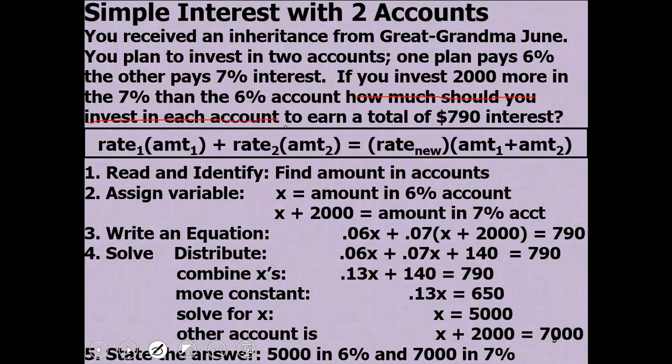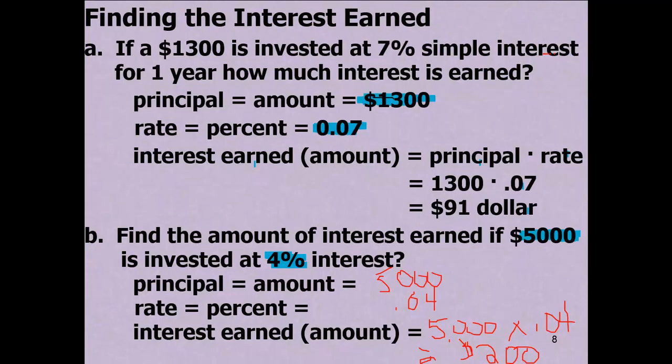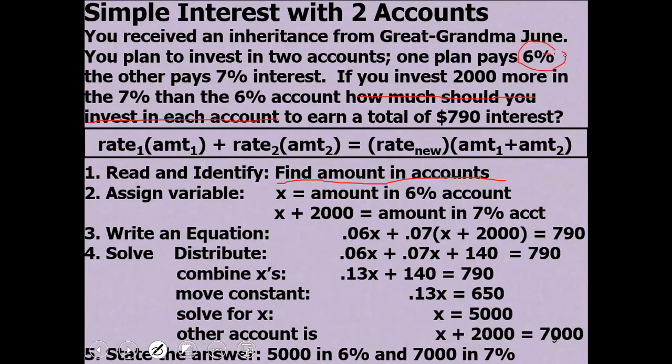So we're going to identify the amount in each account and assign a variable. If we could figure out how much to put in the 6% account, then we know that we want to put $2,000 more in the 7% account.